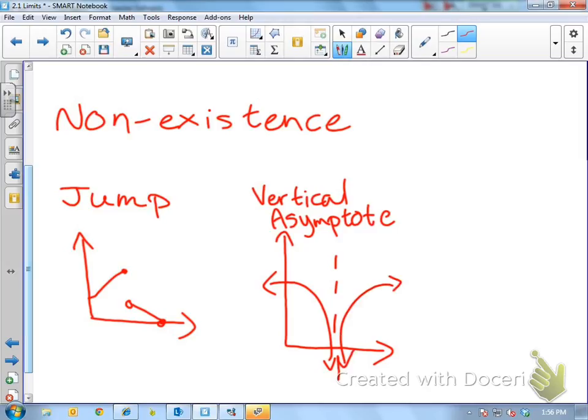If we have a vertical asymptote, our limit does not exist at that vertical asymptote. And the last one again is one you don't see very often, but it's still good to know about. It's called an oscillation.